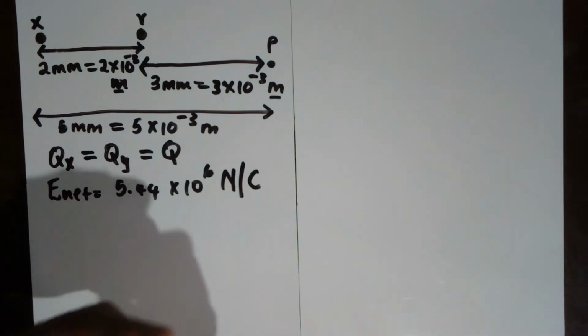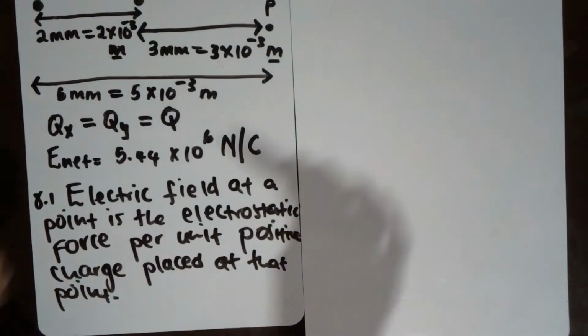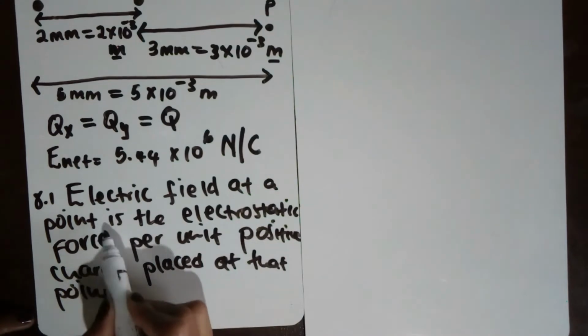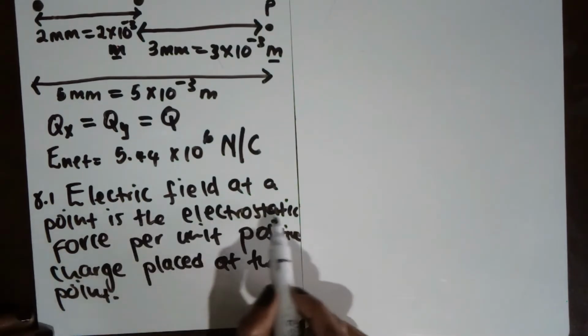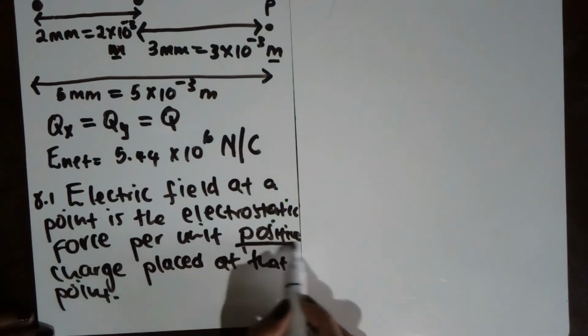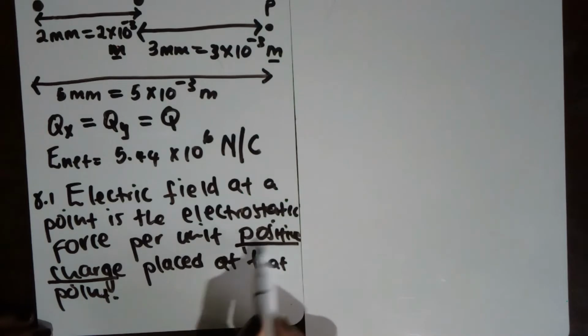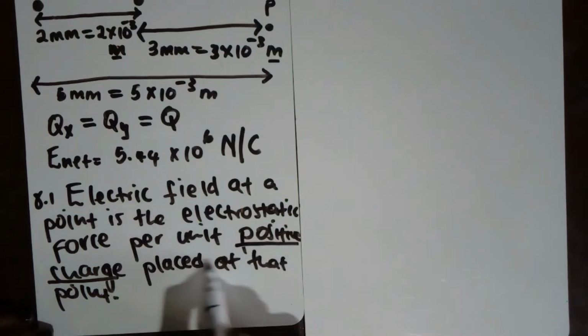And then we had question 1. Question 1 wanted us to state the term electric field. So the electric field at a point is defined as the electrostatic force per unit positive charge. It's very important: per unit positive charge placed at that point.